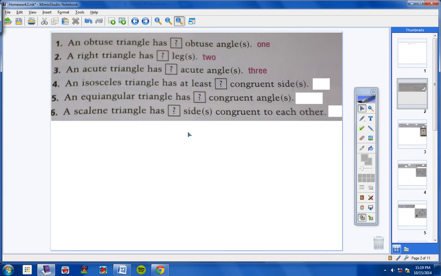Number 4. An isosceles triangle has at least how many congruent sides? Remember, an isosceles triangle can have 3 congruent sides. That's fine, but it must have at least 2. So an isosceles triangle must have at least 2 congruent sides.